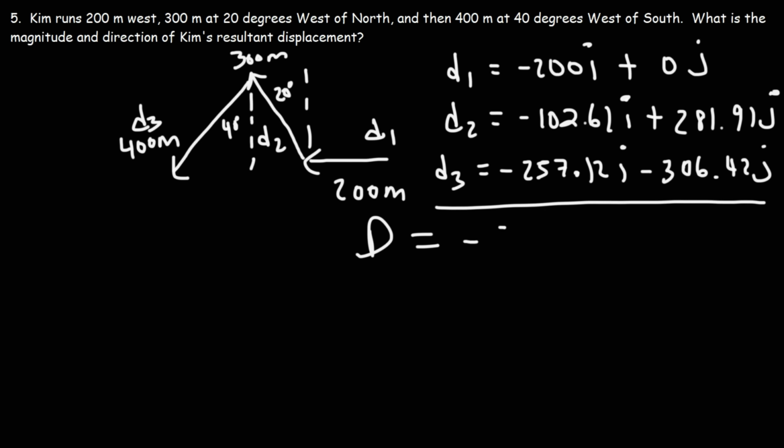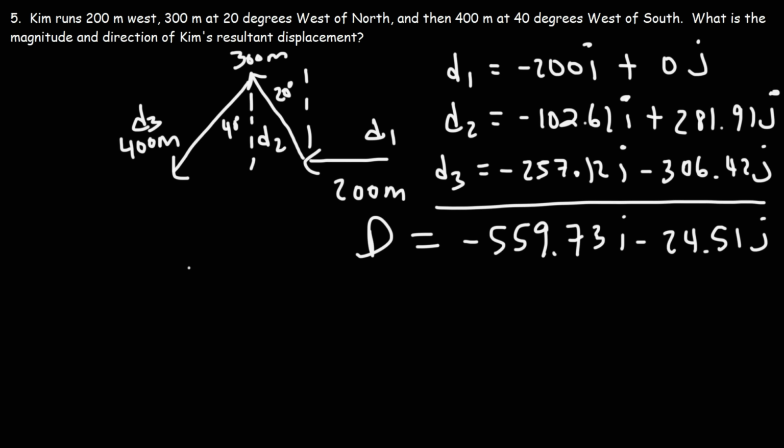So that's going to be negative 559.73. And then we have 281.91 plus negative 306.42. So that's negative 24.51 j.